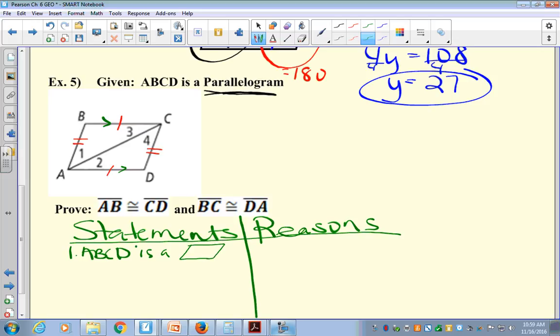I'm just going to draw the shape of a parallelogram. And then let's say that BC is parallel to AD, because that's the definition of a parallelogram.